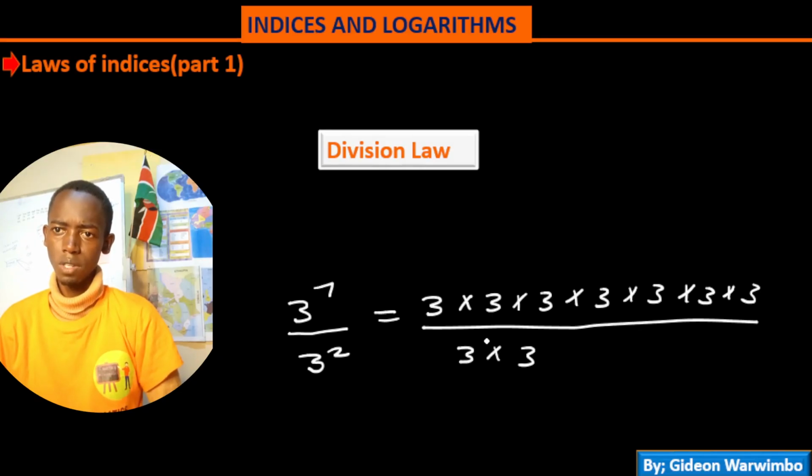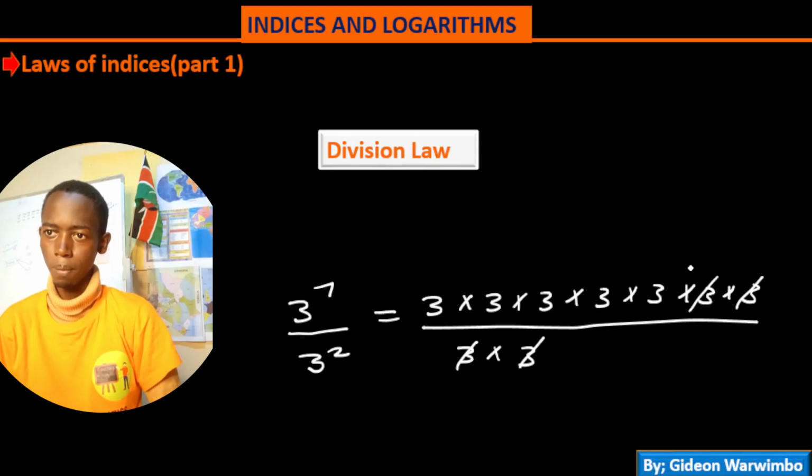Therefore, to simplify this, you would take this 3, and we divide by 1 three that is there, and then we take this 3 from this. You see, initially these 3's were 7 of them, and the 3's that are here were 2 of them.